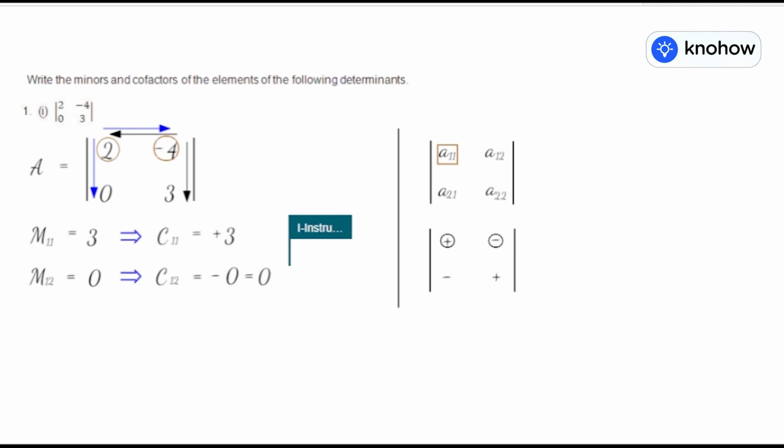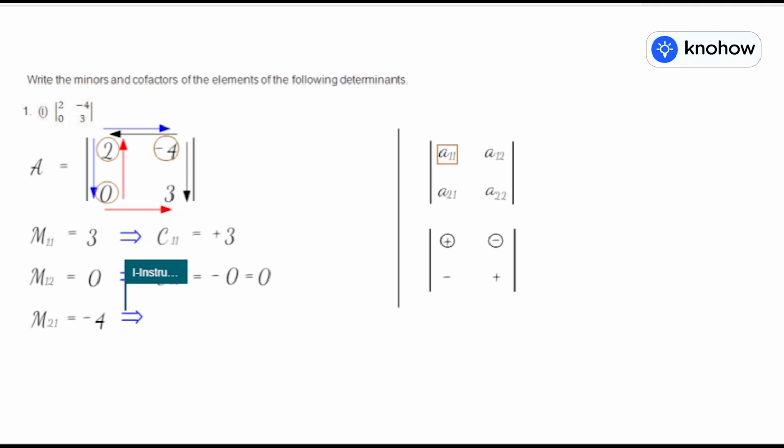Then what is the cofactor of element 0? The place is 2, 1. If you call it M21, delete the row and column through this element 0 and you get negative 4. So the value of the minor of element 0 is the opposite, minus 4.